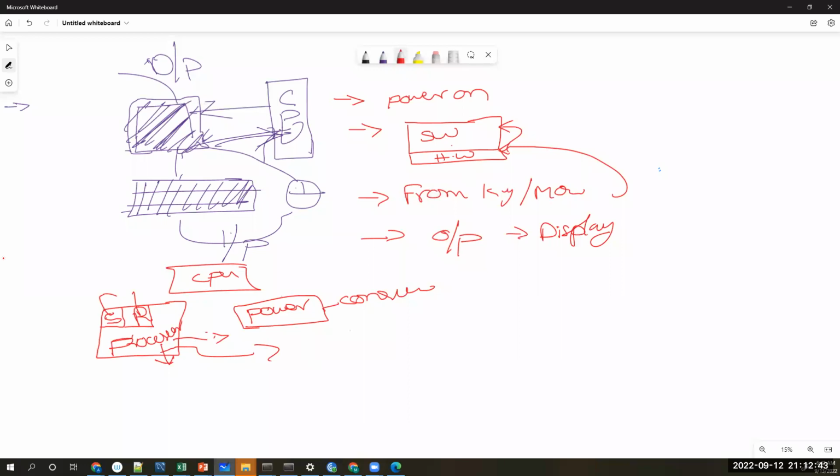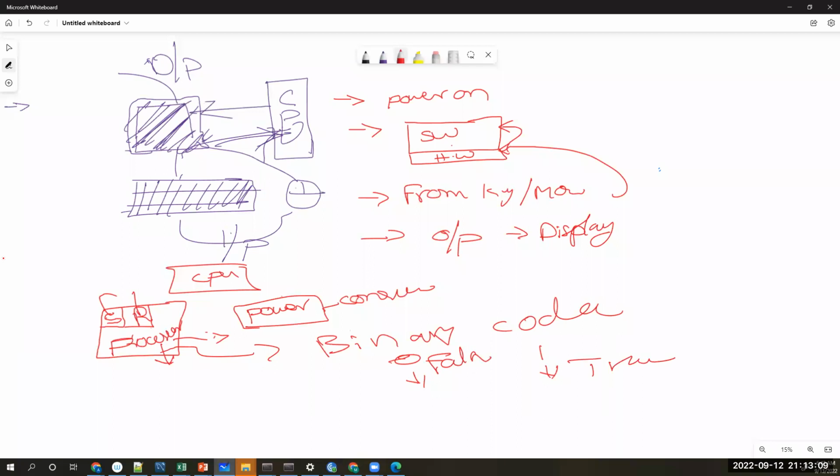Binary code. Absolutely right. What is the meaning of binary code? Zeros and ones. Machine language, it is zeros and ones. Yes, definitely it is 0 and 1. What is the meaning of 0 and what is the meaning of 1? 0 is false and 1 is true. It is false and it is true. What is the meaning of false and true?